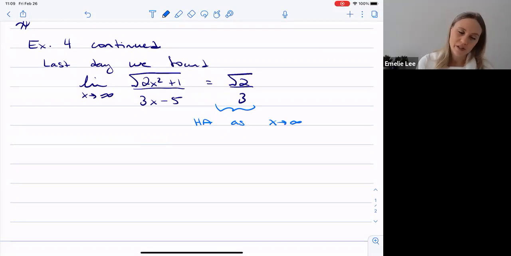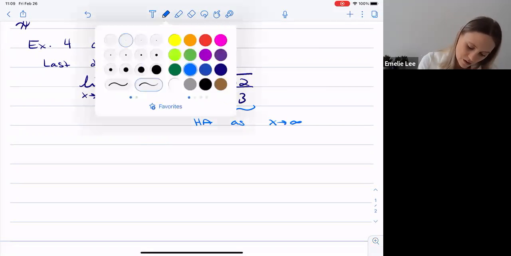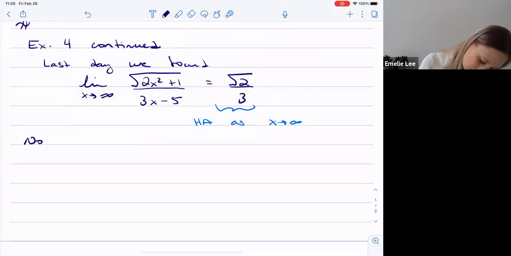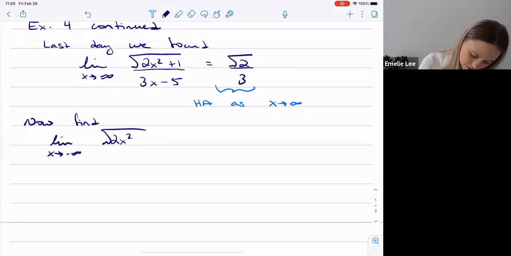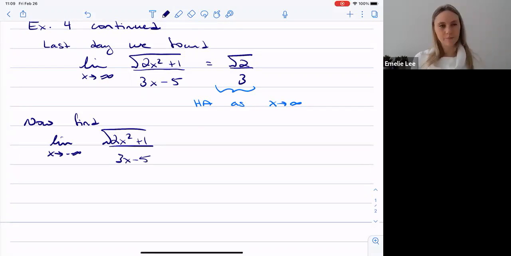So now we're going to check as x goes to negative infinity. Now find the limit as x goes to negative infinity of this thing, root 2x squared plus 1 over 3x minus 5. So we still divide by x, right?